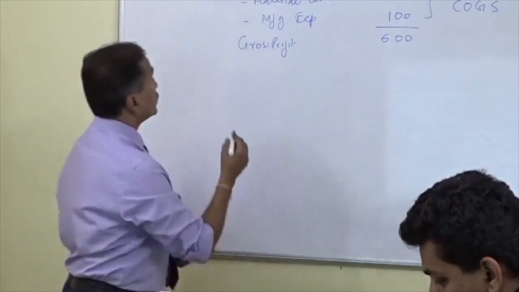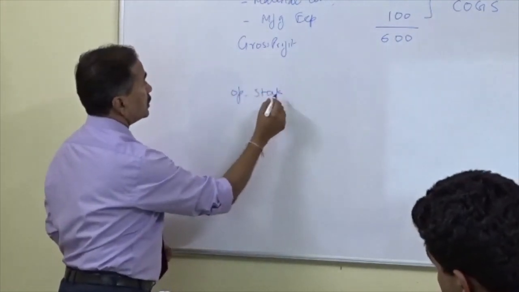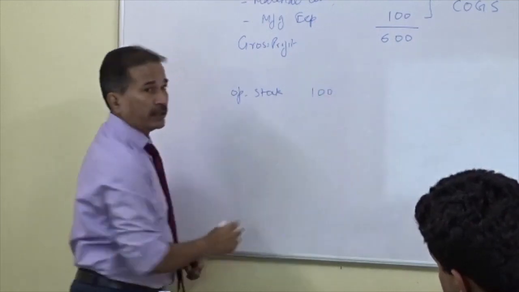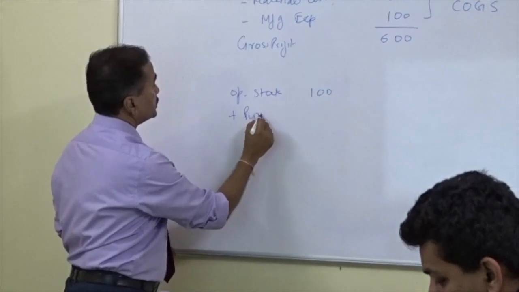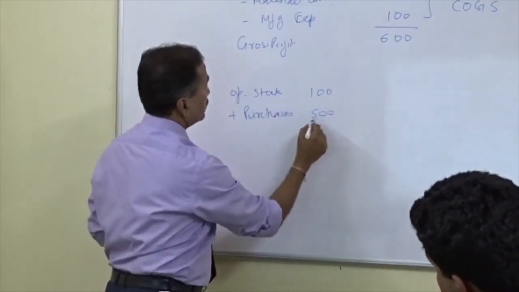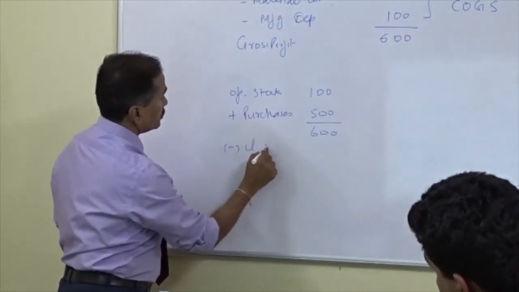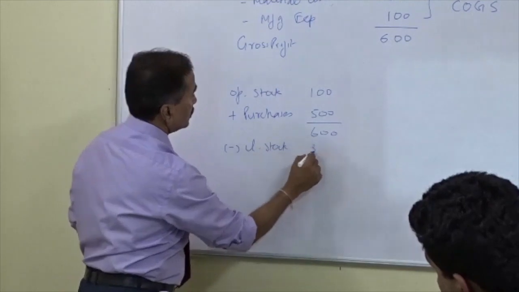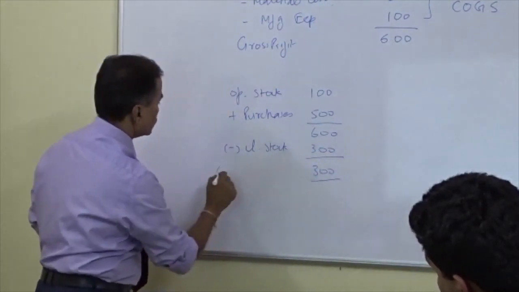So what you do is you take the opening stock. This opening stock is 100. And purchases, this is 500. Less closing stock 300, and the difference is consumption.